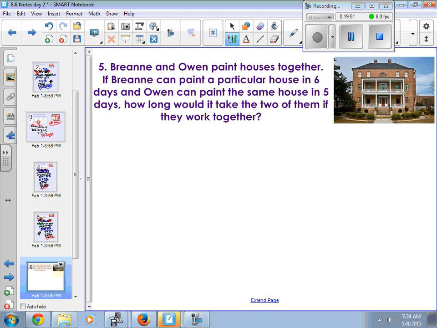So if Brienne paints a house in 6 days, that means in 1 day she would paint 1/6 of the house. Owen paints a house in 5 days, so in 1 day he paints 1/5 of a house. They're now going to work together, so we want to add this up.